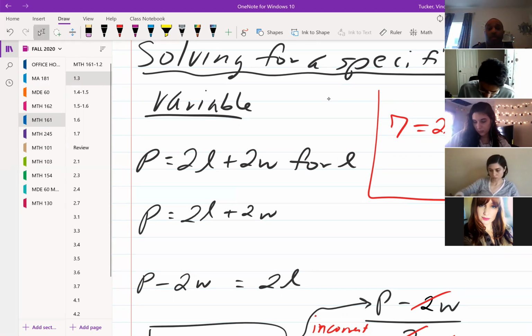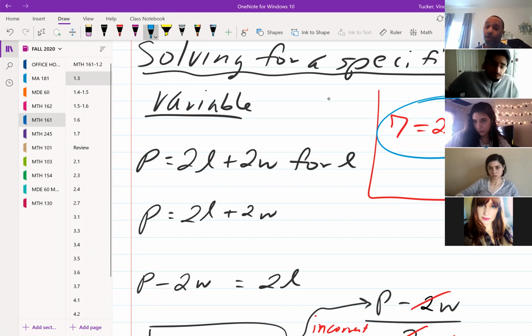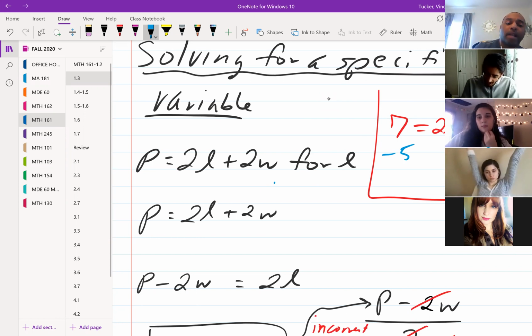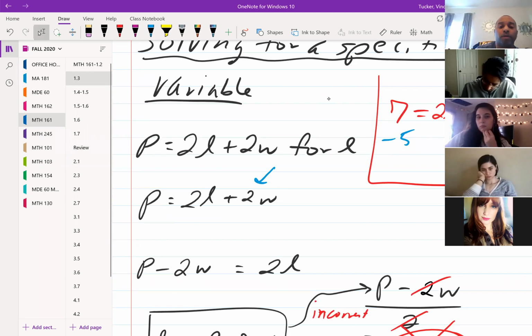They represent numbers. So in other words, looking at 7 equal to 2L plus 5, if I wanted to solve for L, the first thing I would do is subtract 5 from both sides. That's the same mentality we're going to have here. I have P equal to 2L plus 2W.